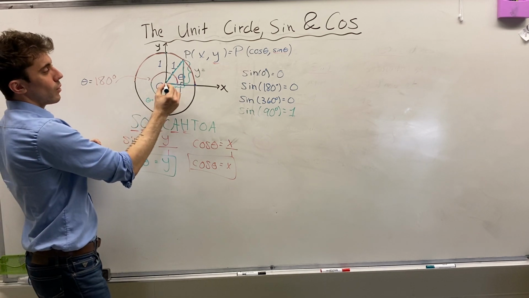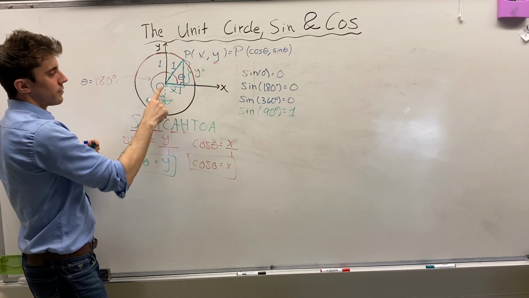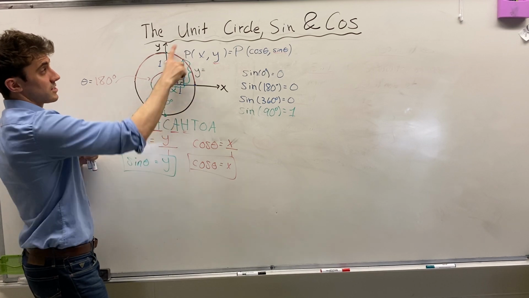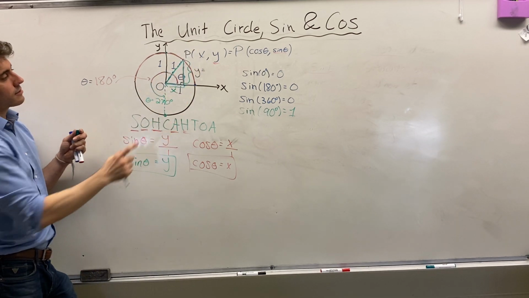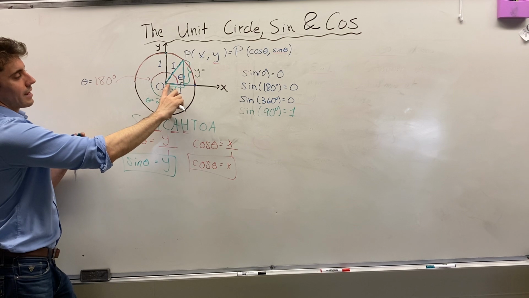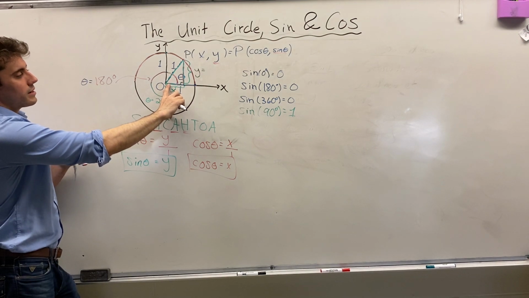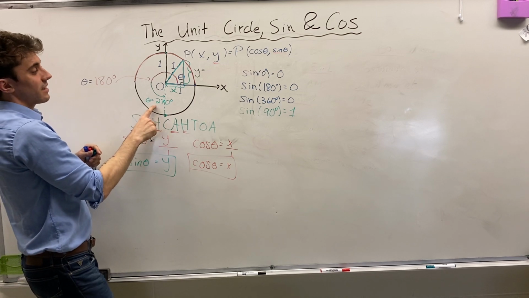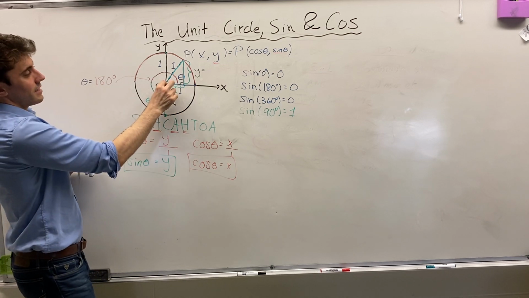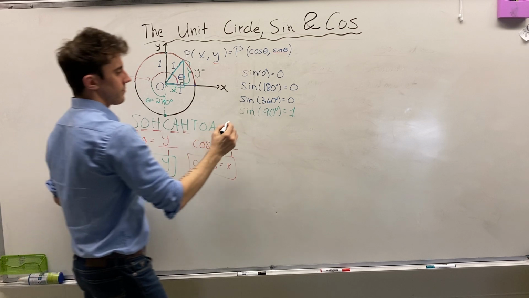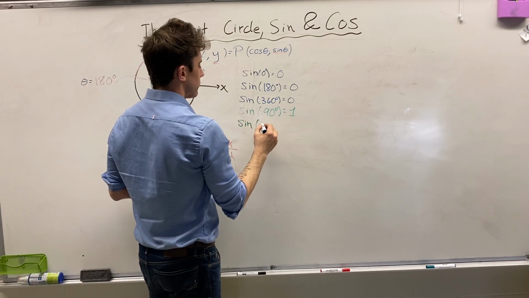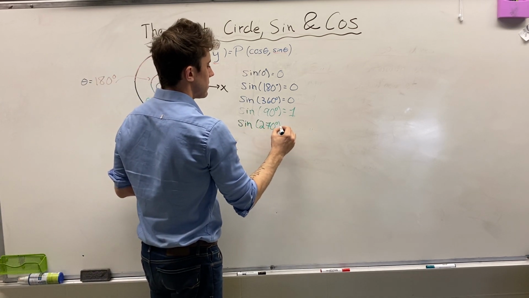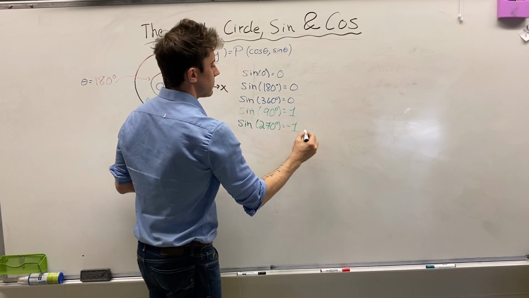And since it would be 1 radius length away from the origin, and it's on the unit circle, then we clearly know that this length would be 1, and it's in the negative y direction, and so we get that the sine of 270 degrees is negative 1.